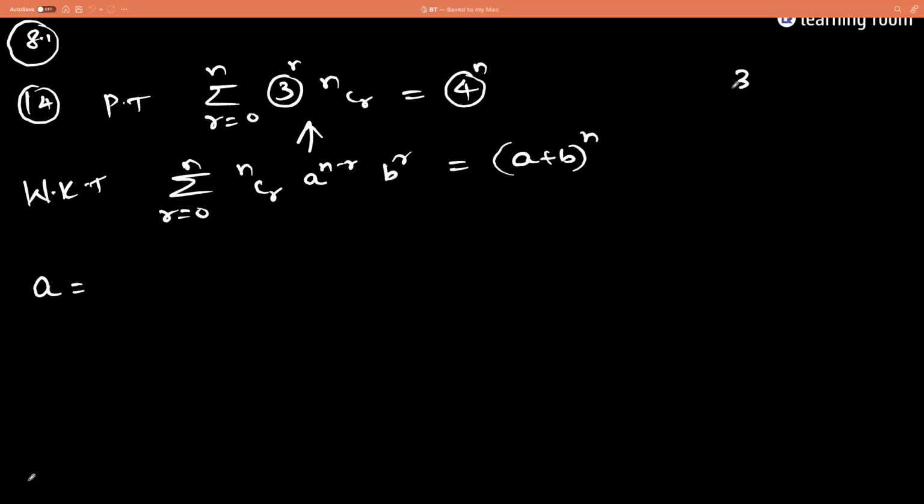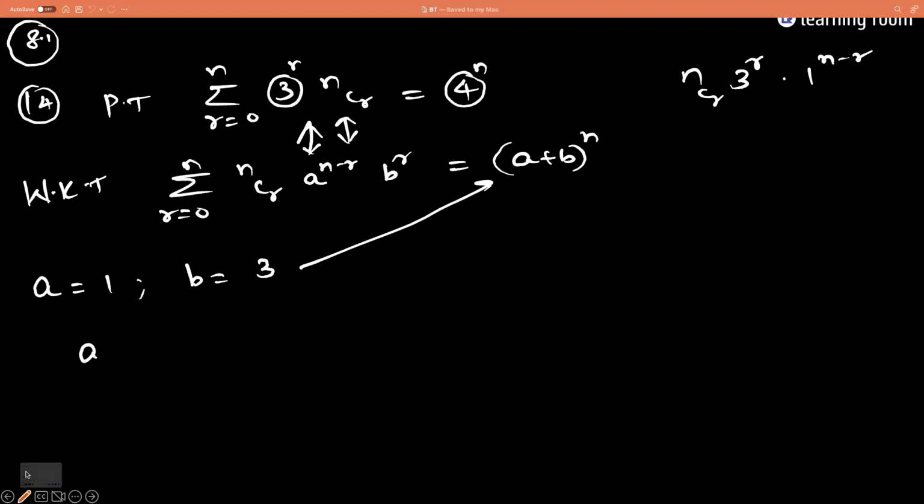Can I write nCr into 3 power r as nCr into 3 power r into 1 power n minus r? Because 1 power anything is going to be 1 only. So when I compare the LHS with the known expression, can I say a is equal to 1 and b is 3? Murli, are you clear? Yes, sir. If I take this and substitute it here, then what will I get?